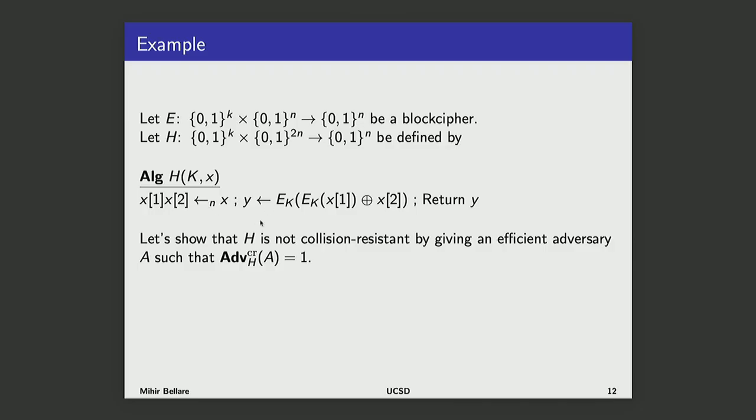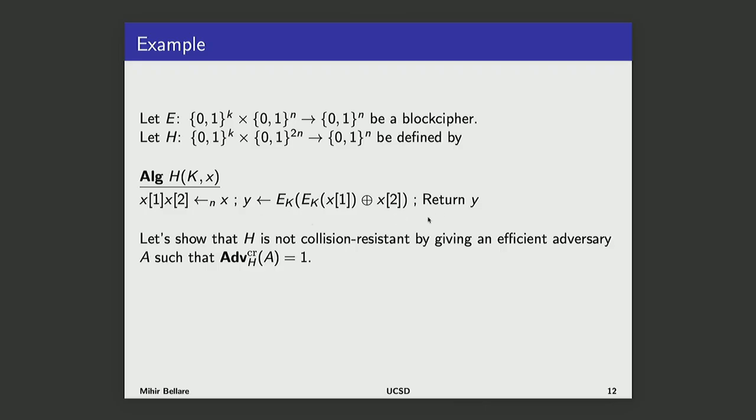The way the hash function computes the output is, it says, I will apply E with this key to the first block. That'll give me an n-bit output. I will XOR in the second block and apply E again. So effectively, it's the type of thing you do in CBC encryption, except in CBC encryption, you would output more stuff. It's like outputting only the last ciphertext. And that's what you return.